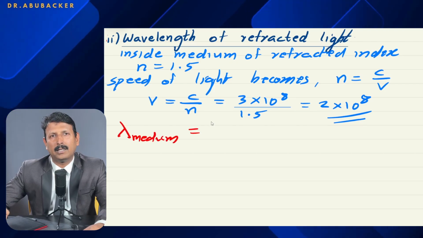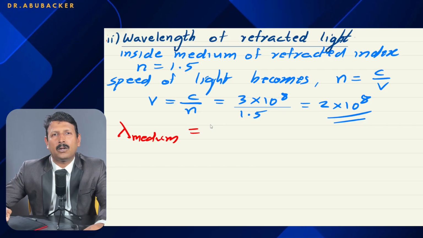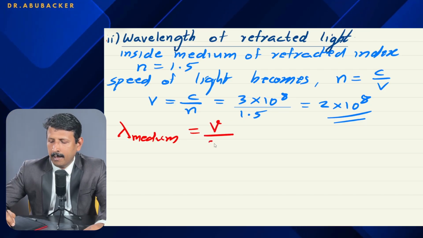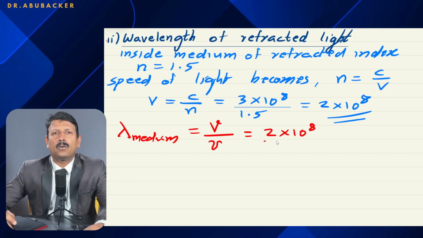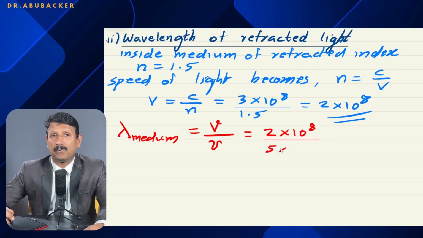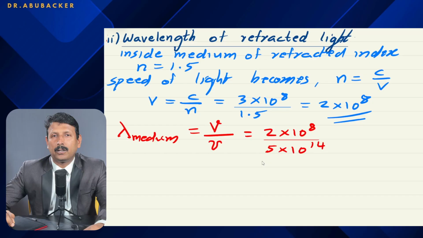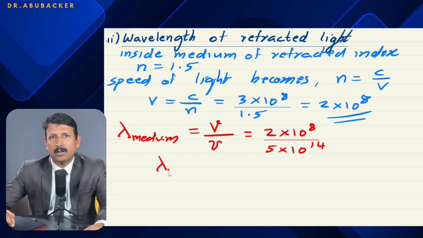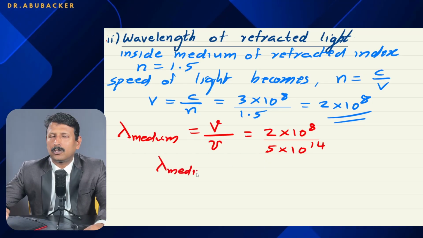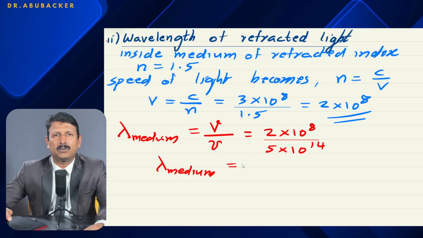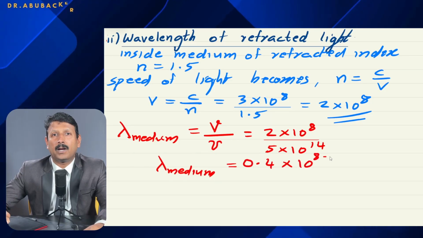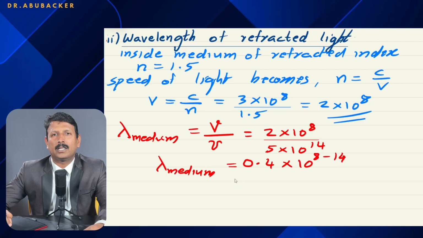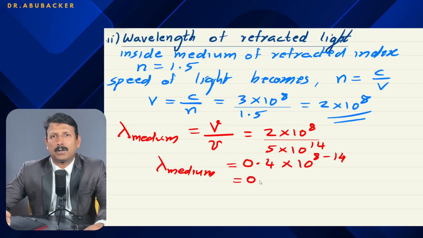If you know the speed, you can find the wavelength using the expression lambda medium is equal to v by nu. So 2 into 10 raised to 8 divided by 5 into 10 raised to 14. You can do it the other way also and get the same answer, but I like this way, it is the easy way. Dividing 2 by 5 is 0.4 into 10 raised to 8 minus 14, because 14 comes from the downside.